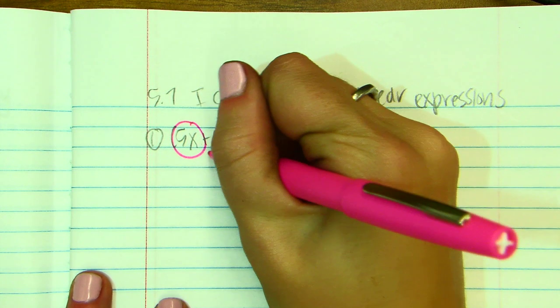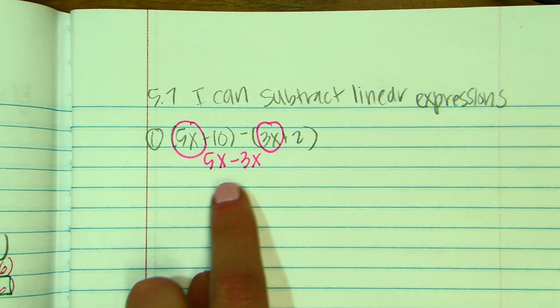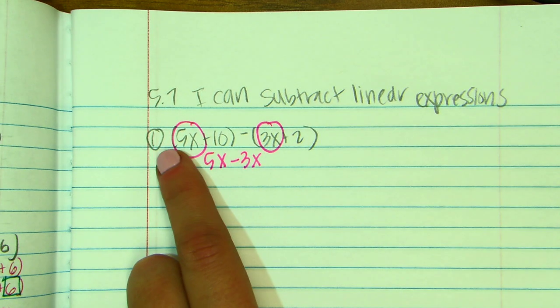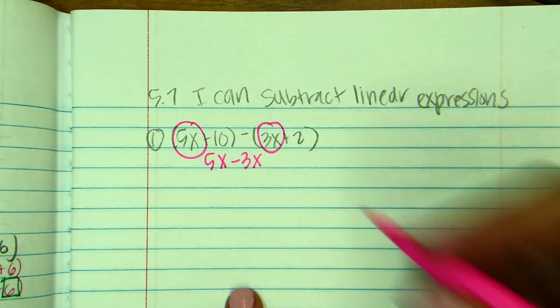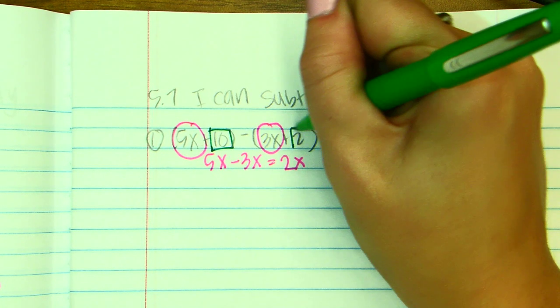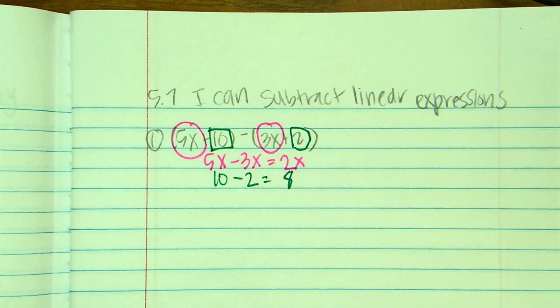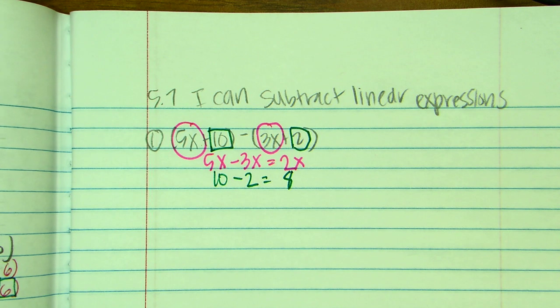So it's 5x minus 3x, because we're subtracting the terms here. 5x minus 3x, which is 2x. And then I have 10 minus 2, which is 8. So now I'm going to put this together into one expression.